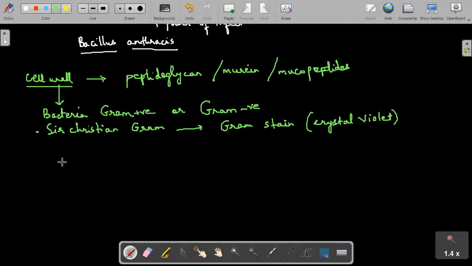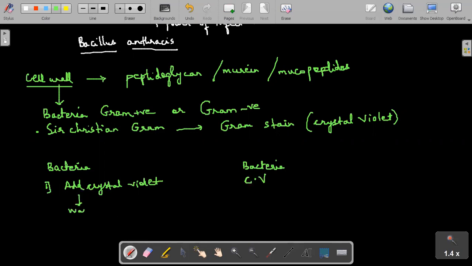So what I do is first I take a bacteria on a petri dish or a slide. Let's say I'm taking bacteria on 2 slides. First step, I add crystal violet to both the bacteria, CV for crystal violet.